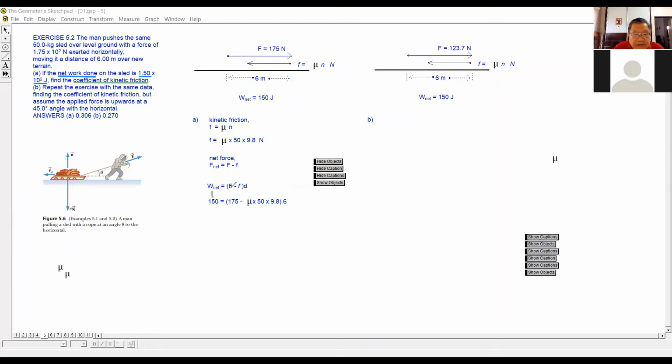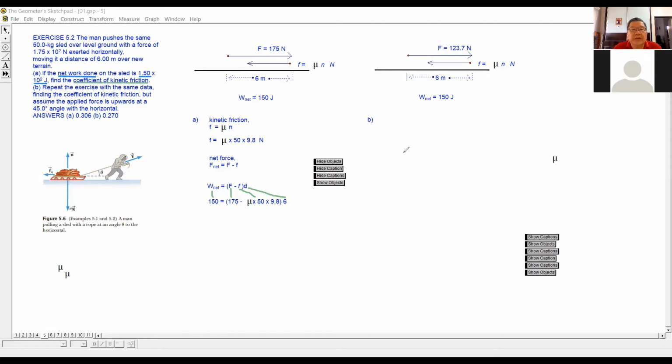Applied force is 175 here, so I replace the applied force with 175 newtons. Frictional force I found out earlier here: mu times 50 times 9.8. And the distance moved also from here. Distance moved is 6 meters.